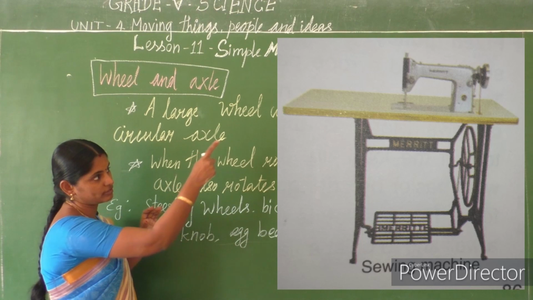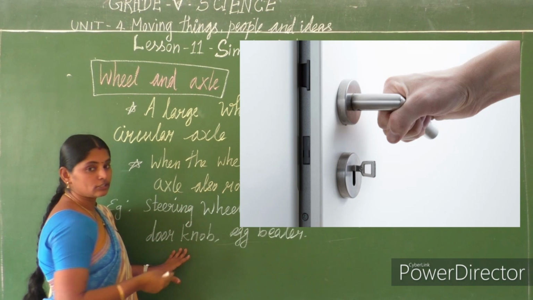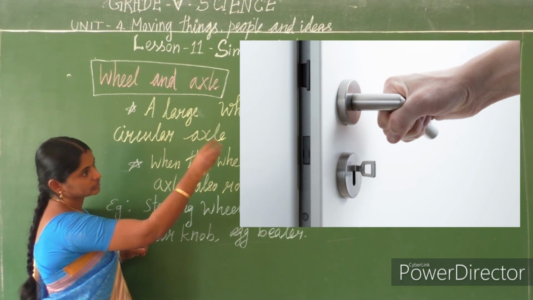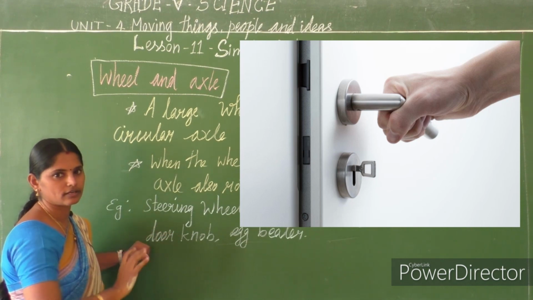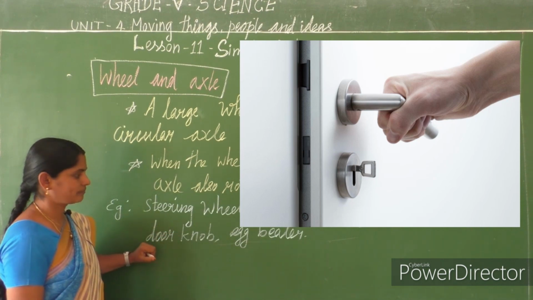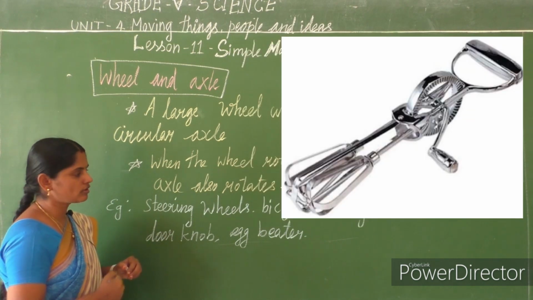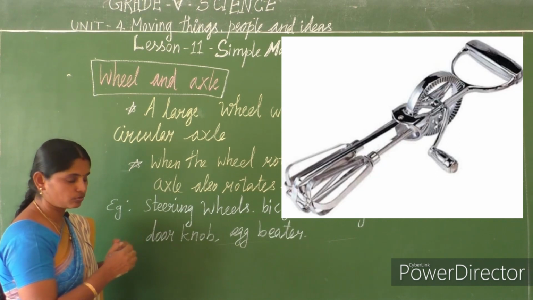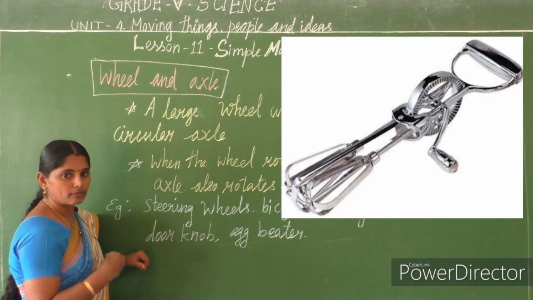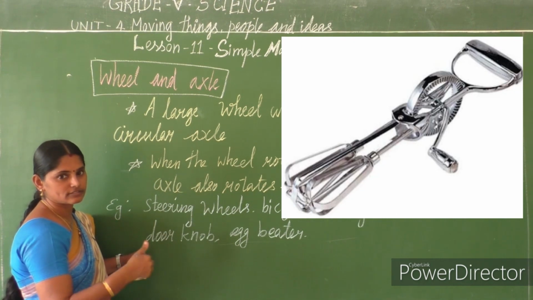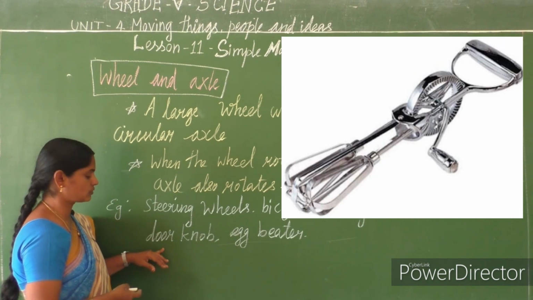Then in door knobs, when you rotate the knob, the door opens. In our kitchen we are using an egg beater. We give some force that makes the wheel structure rotate in that beater. So wheel and axle is there in your egg beater also.